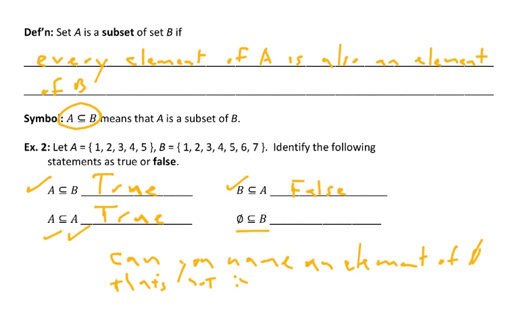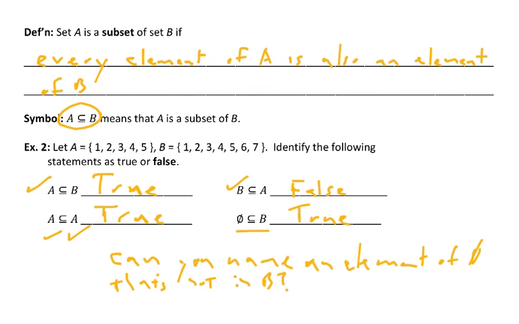Well, there are no elements to name. So in fact, every element that there is in the empty set, and there aren't any, is an element of B. This, in fact, is true.